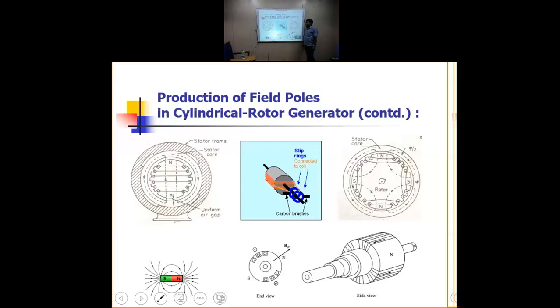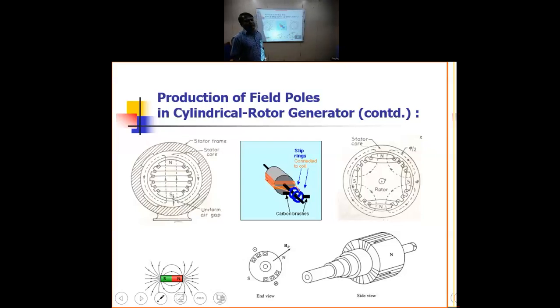So ultimately, what is happening? If you construct a four-pole structure, since the number of conductors per pole is less, you have to make more current flow through the field structure, which will create heating of the rotor structure. Now imagine 6 pole, 8 pole, 10 pole like that.